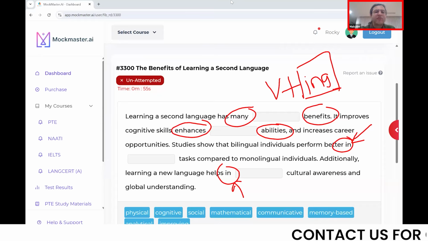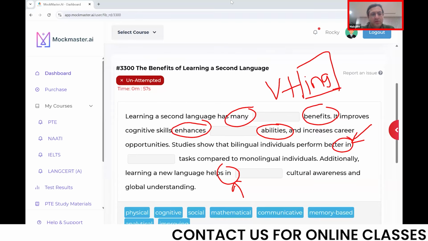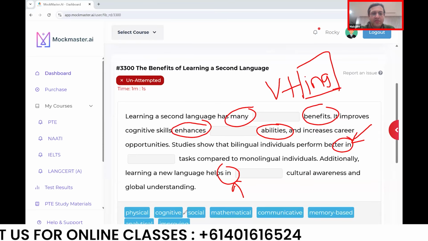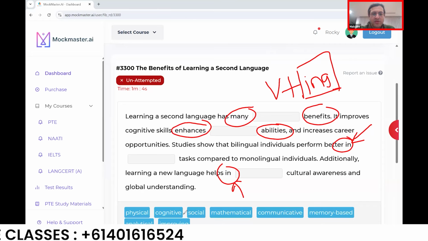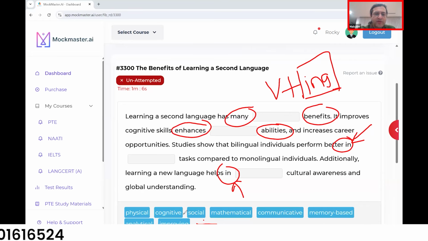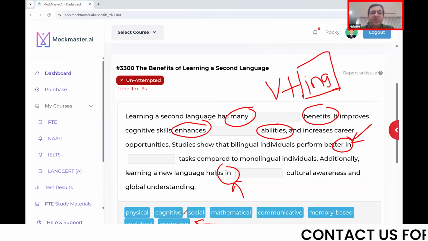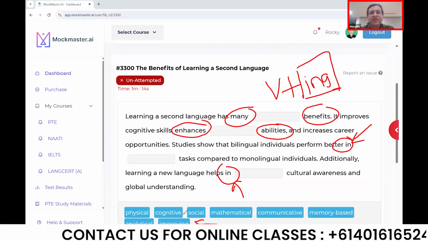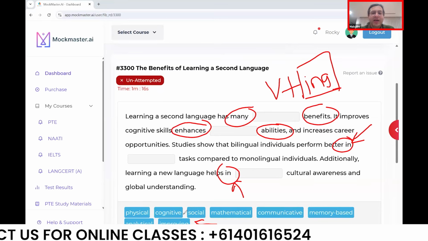This is a rule of grammar. Do we have options ending with ing? Yes. We have one option over here. But it has to be a verb. If it's a noun, it will not end that way. Or it can be a gerund also. A gerund is a noun ending in ing.